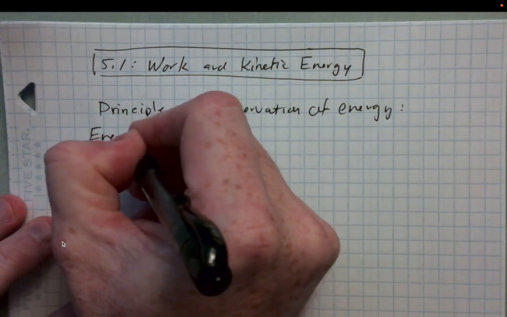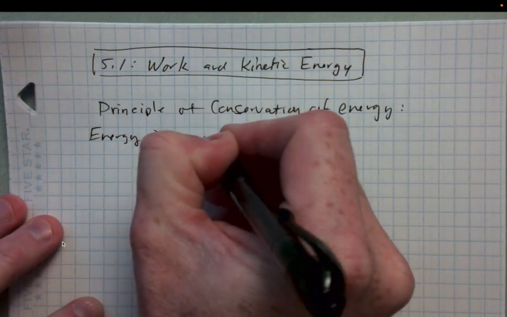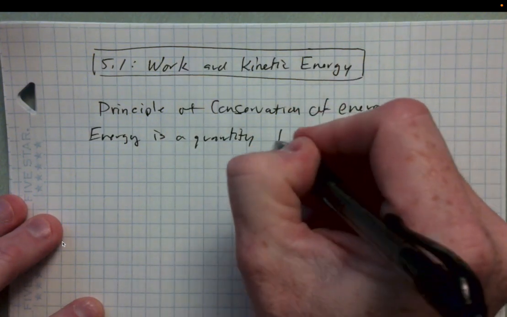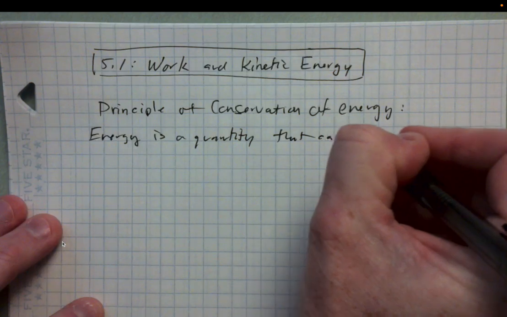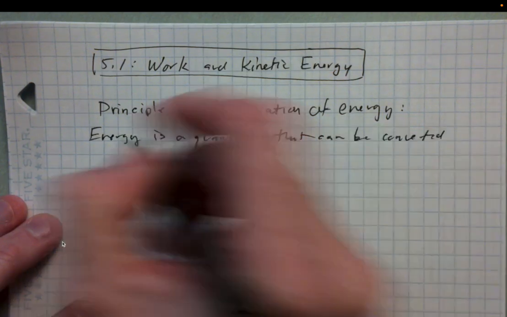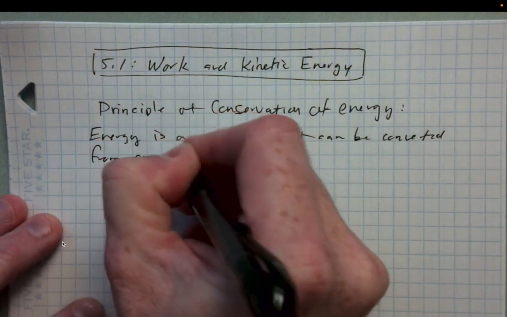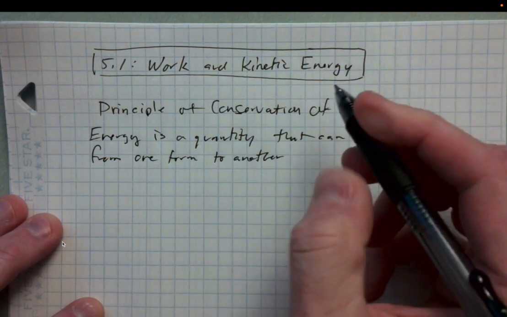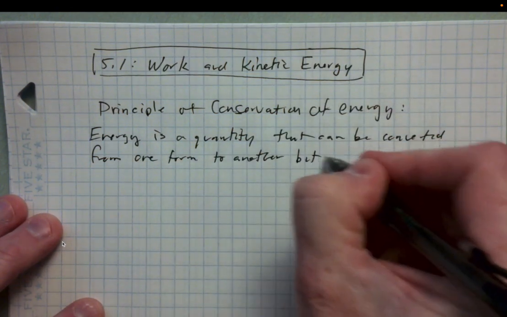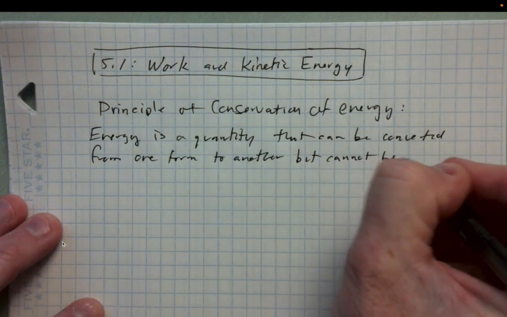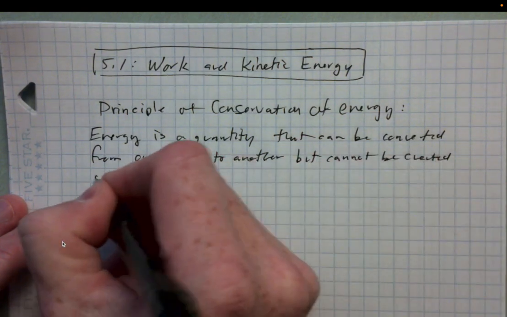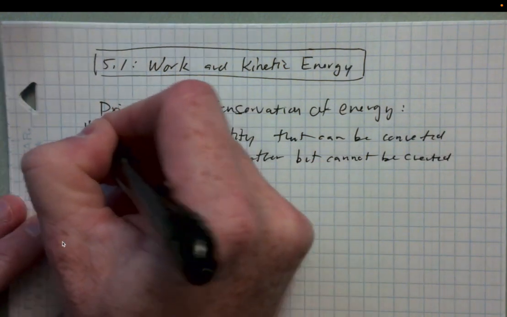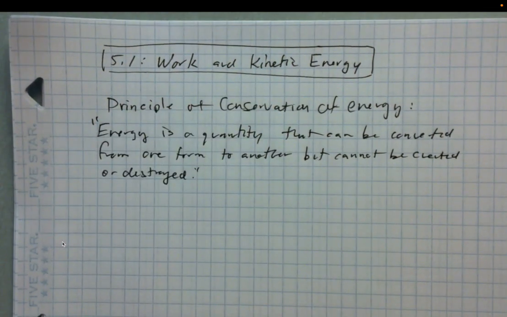Energy is a quantity that can be converted from one form to another, but cannot be created or destroyed. Okay, so that's a basic statement of the conservation of energy.